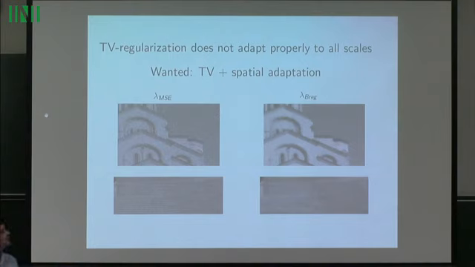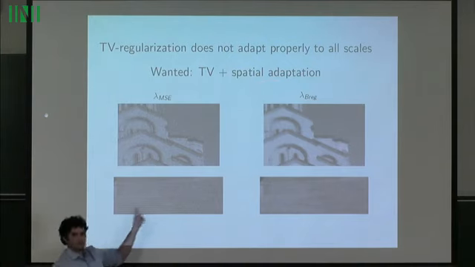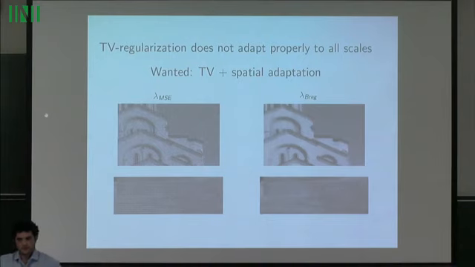The motivation would be that we want an estimator that combines the good properties of this total variation regularization, giving a very constant reconstruction here, but also adapts to the different scales of the problem, performing well here but also performing well here when you have this little structure.